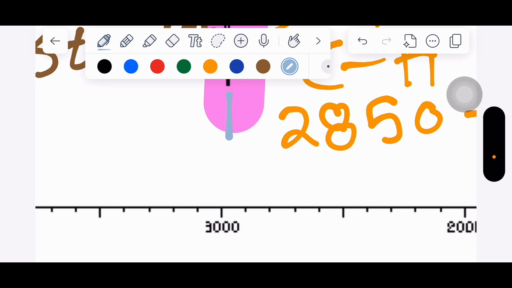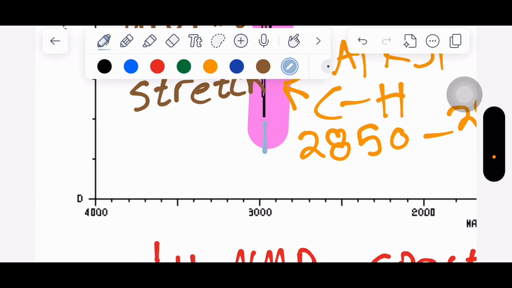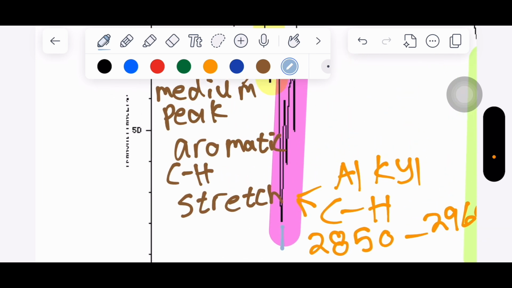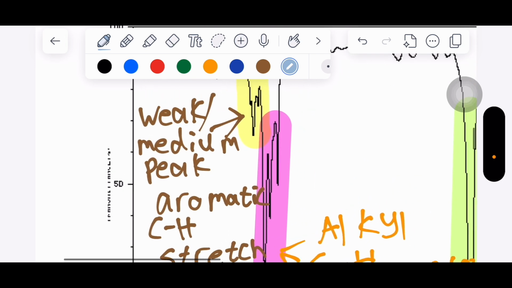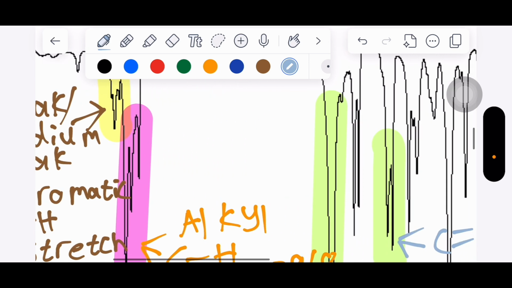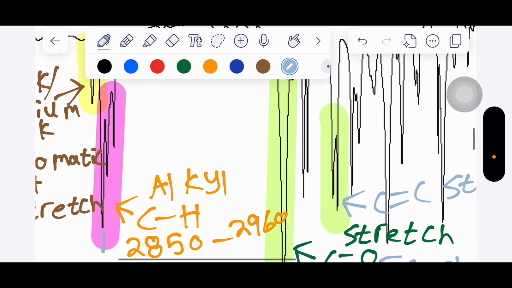We observe the strong alkyl CH stretching bands, and also around 3000 to 3100 there is a very weak to medium peak from the aromatic CH stretching. But it's weak, so we could move on to the next one.